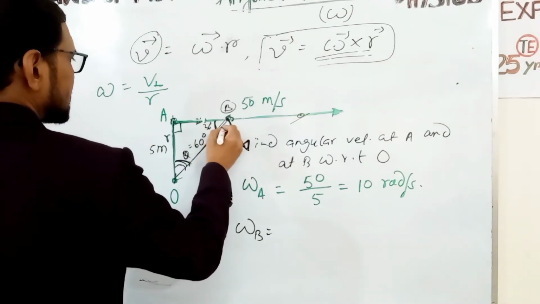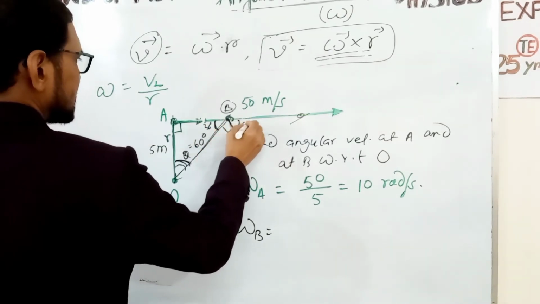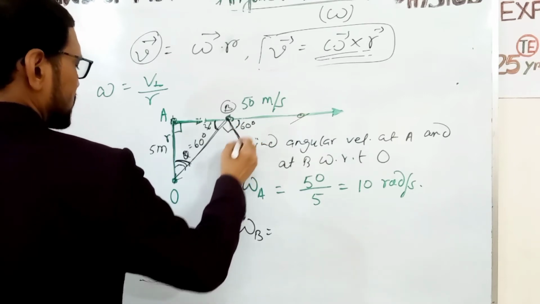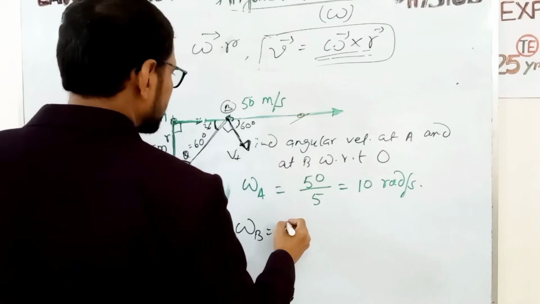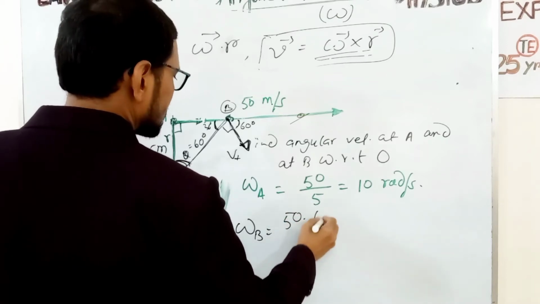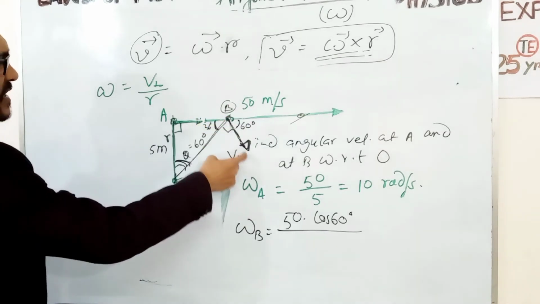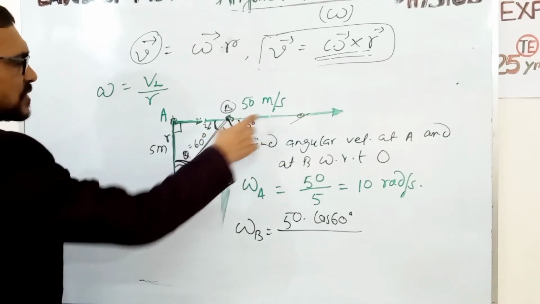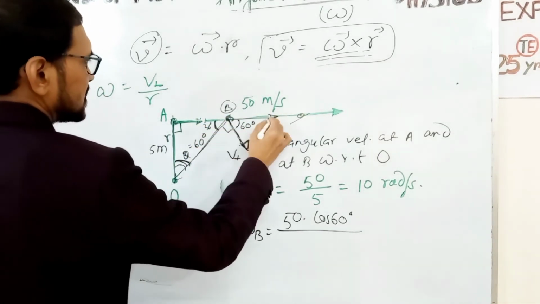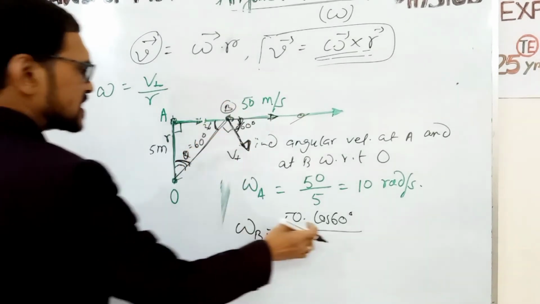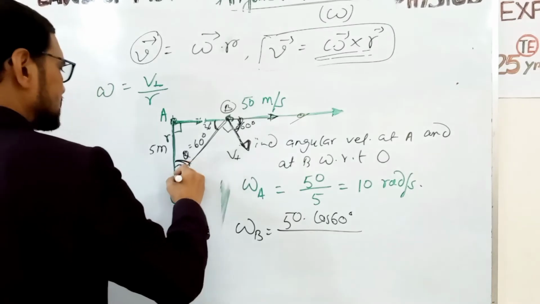Now this is 30 degrees, this is 90 degrees, so this is 60 degrees. The perpendicular component of velocity will be 50 cos 60 degrees. The 50 meters per second is along this, and this angle is 60 degrees, so we take 50 cos 60 degrees.